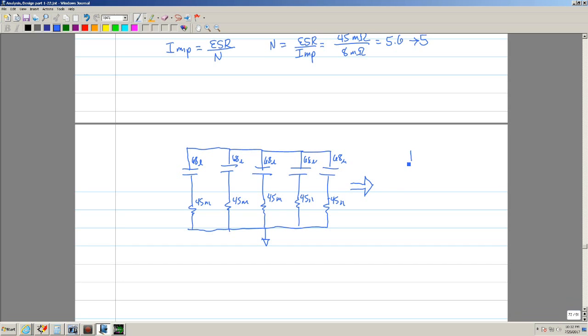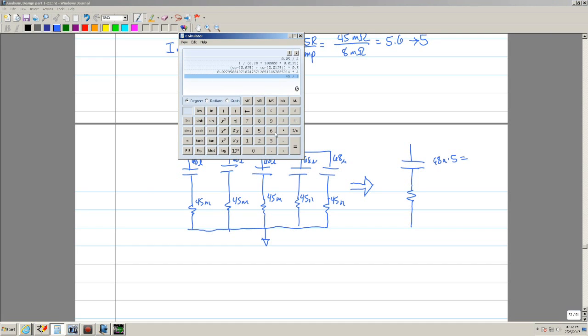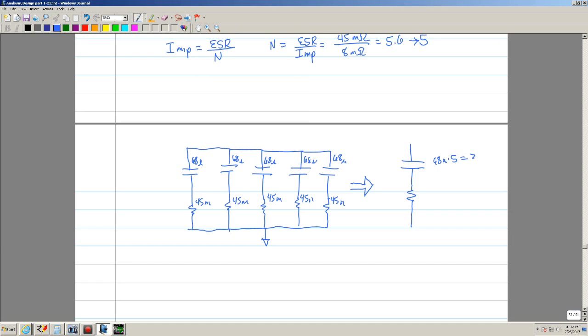So we can simplify this circuit. You can lump all of this. It's going to be 68, since they're in parallel, times 5. So you have a 340 microfarad equivalent.